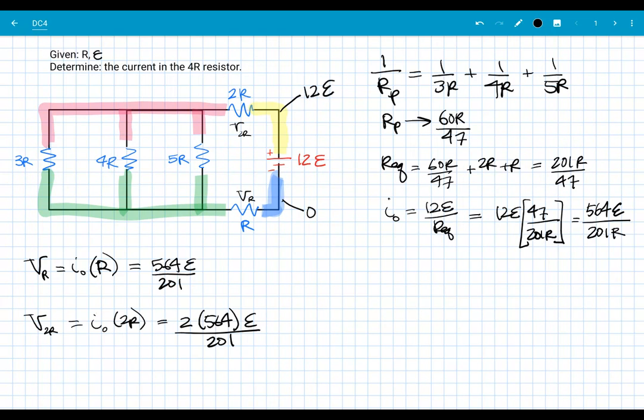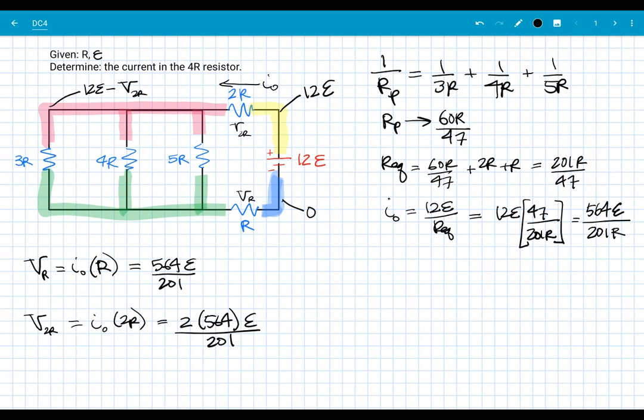Got it. Then I drop down as I'm going through this 2R resistor. I'll draw a little arrow in there, right? My I naught current is going to be going through that resistor and it'll drop there. So the red potential is going to be equal to 12E minus the potential drop over the 2R resistor.